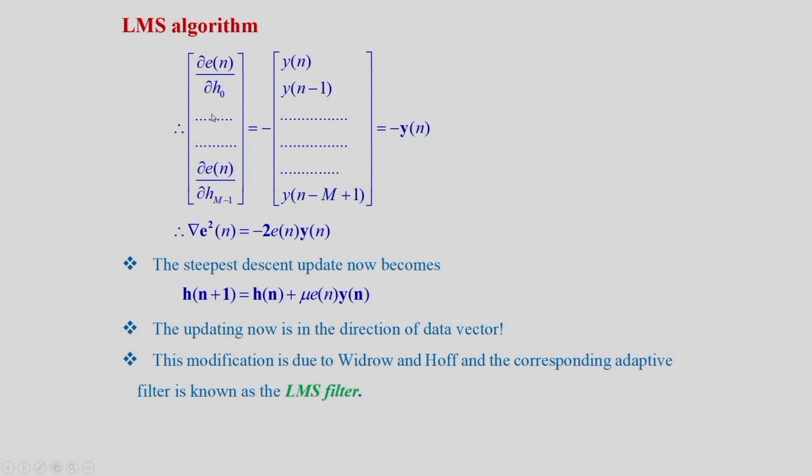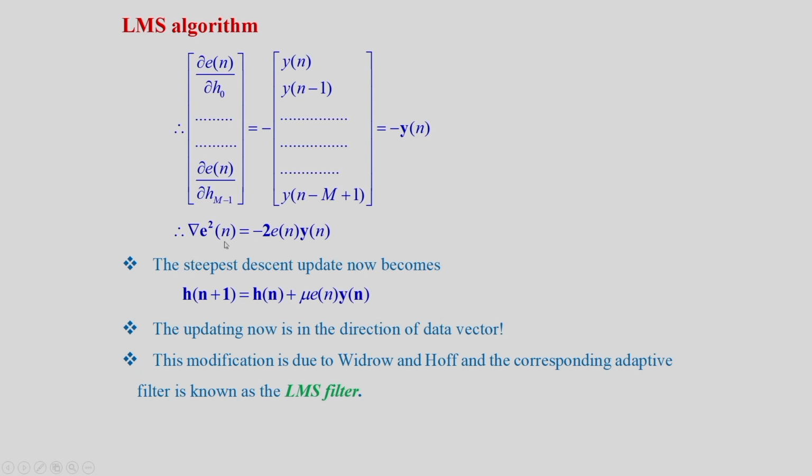The partial derivative vector is now given by negative of this vector Y n, Y n minus 1 up to Y n minus m plus 1, that is equal to minus Yn vector.